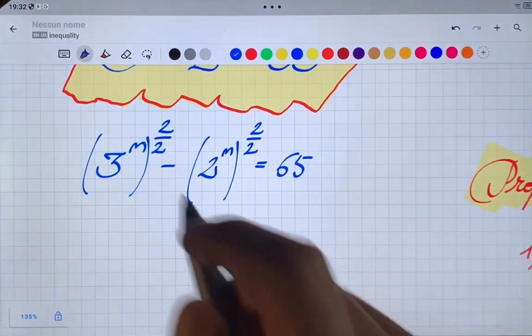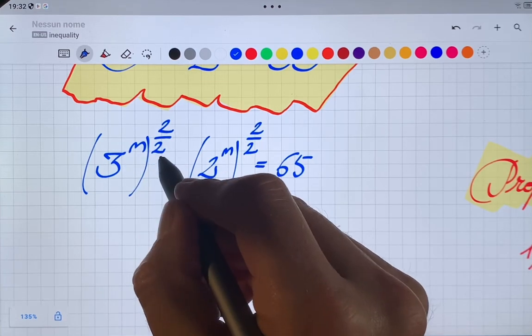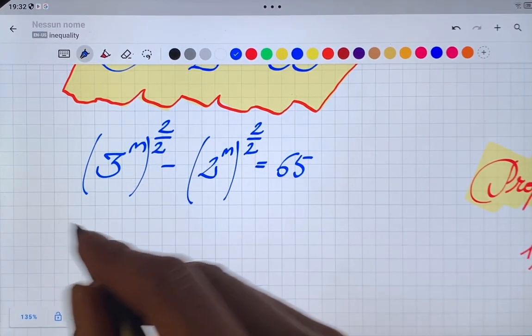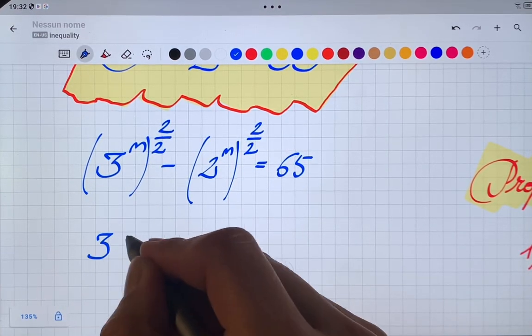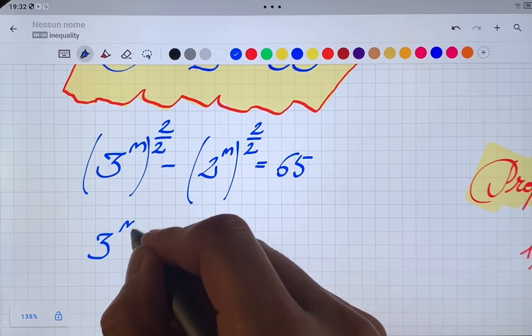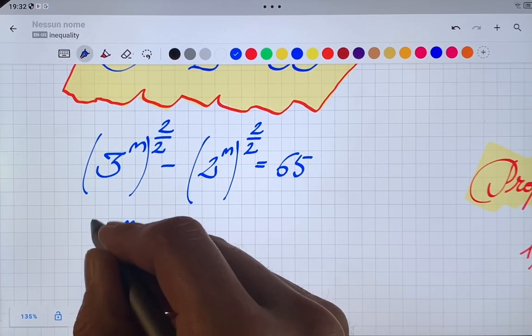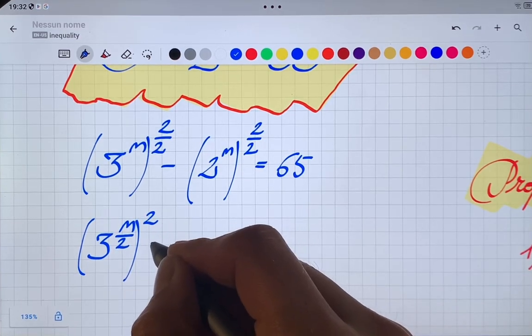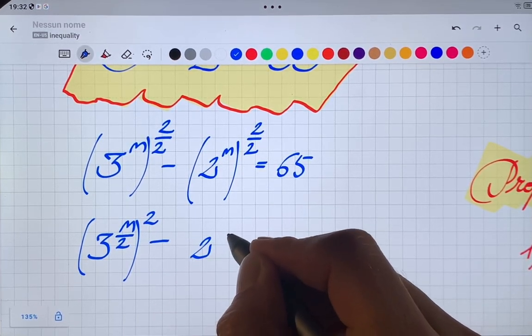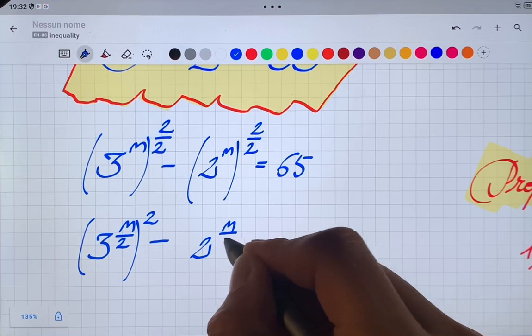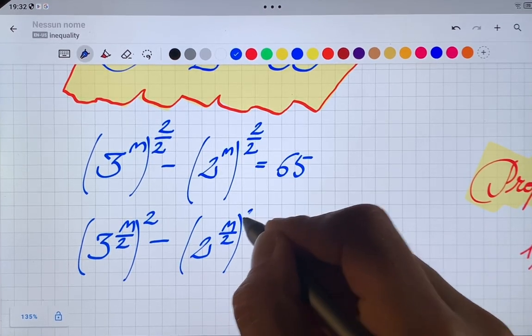And now we will divide n by 2. So 3 to the power of n divided by 2, to the power of 2, minus 2 to the power of n divided by 2, to the power of 2.